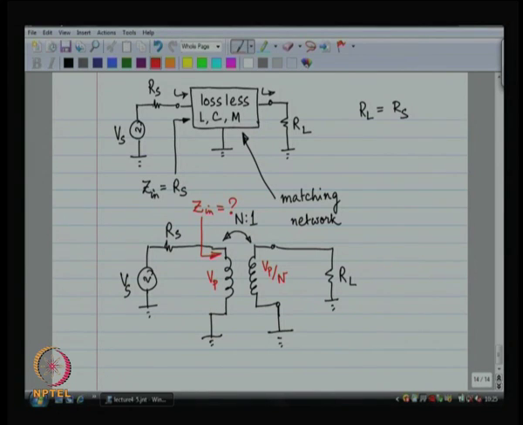If the primary current is I primary, then the secondary current is going to be I primary times n, because power needs to be conserved. The power delivered to the transformer on the primary side is I p times V p. The transformer does not consume any power, it delivers all the power to the load. So, the power delivered to the load is V p by n times I p times n, which is again V p times I p. All right, so that is how it works.